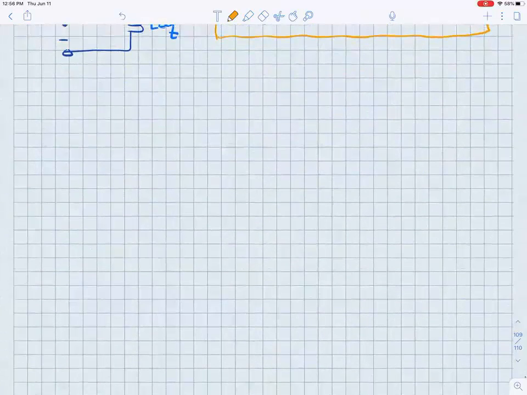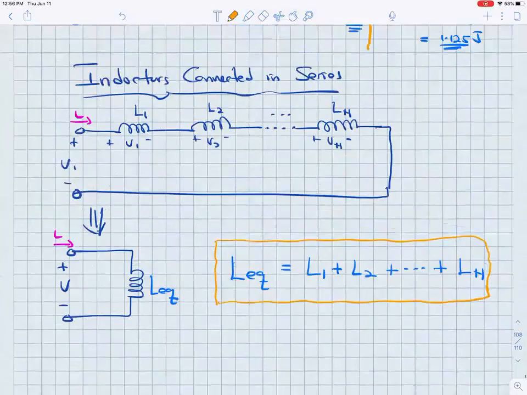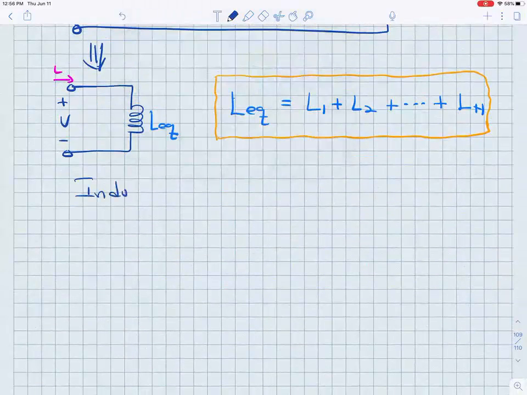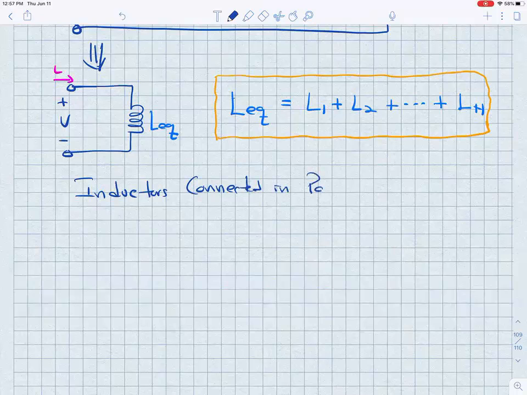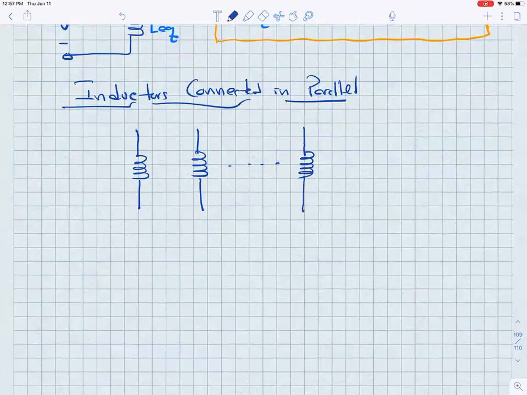And then when they are connected in parallel, you also treat them very similar, right? So inductors connected in parallel. Let's say this is L1, L2, Ln.